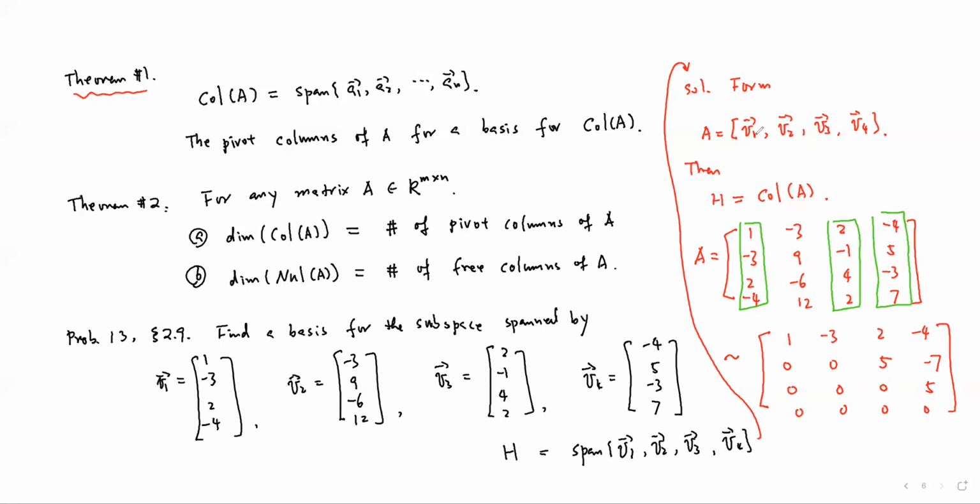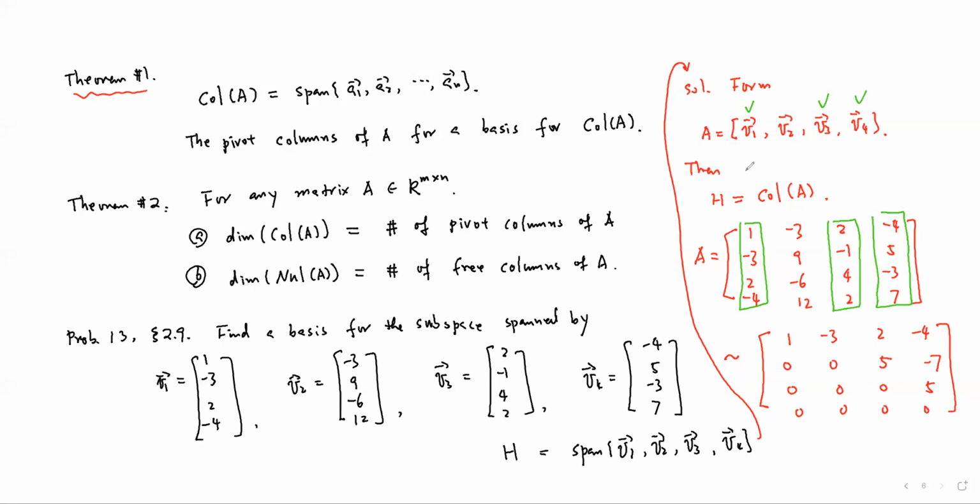So among the 4 vectors, V1, V3, and V4 are pivot columns. I can drop V2. V2 is a free column. V2 can be written as a linear combination of V1, V3, and V4. In other words, V2 is spanned by V1, V3, V4.